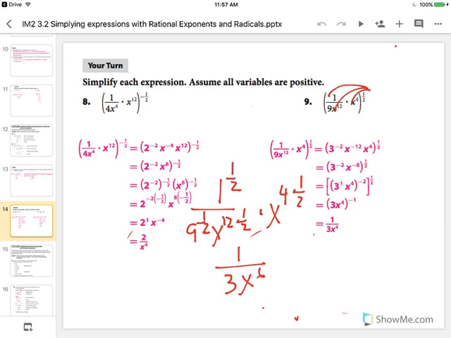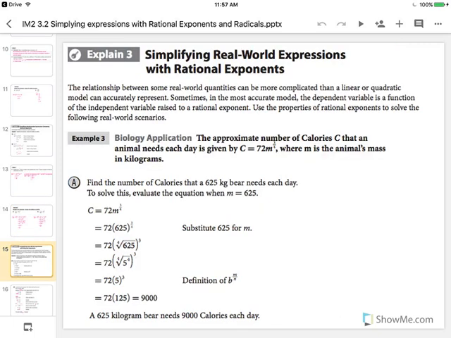This is x to the 6th power times x to the 2nd power. And we can subtract that, so we have 1 over 3x to the 4 power. Okay. And here are some more examples.